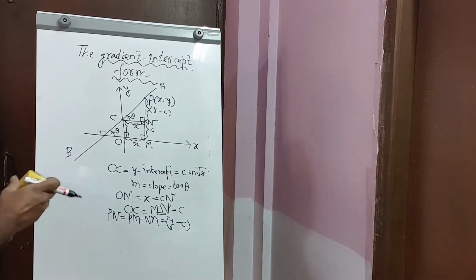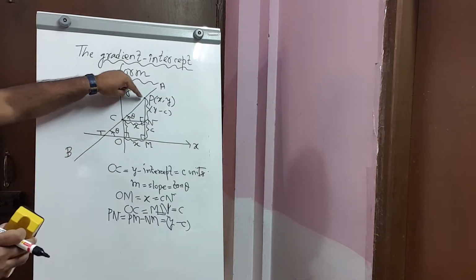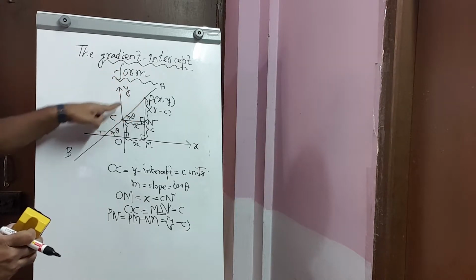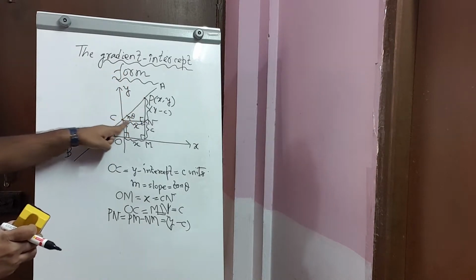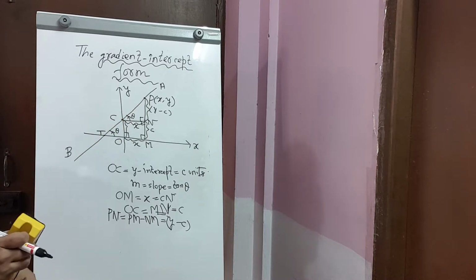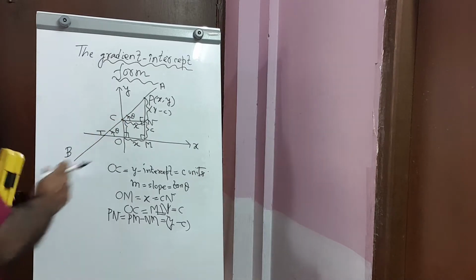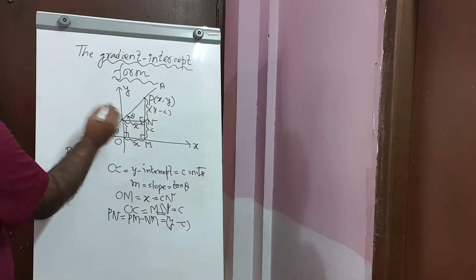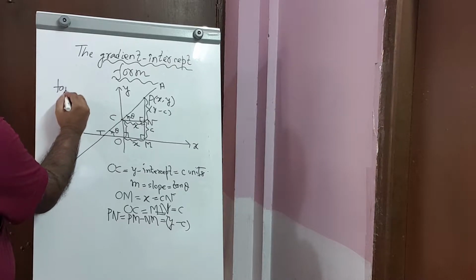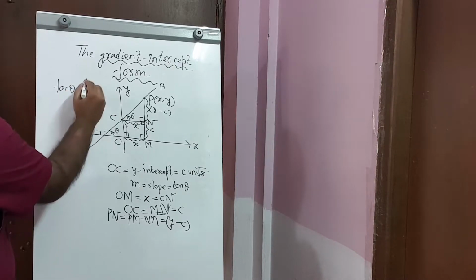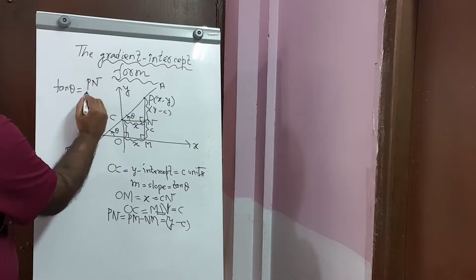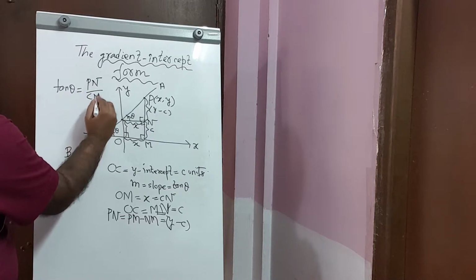If we now focus on this triangle PCN, here we have a right angle triangle PCN. In the right angle triangle PCN, tan theta is given by PN upon CN.